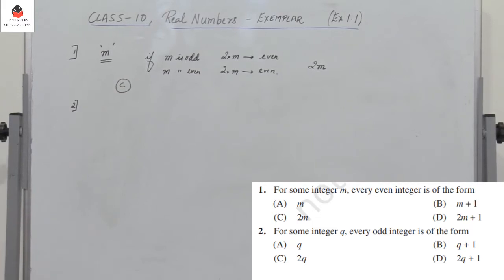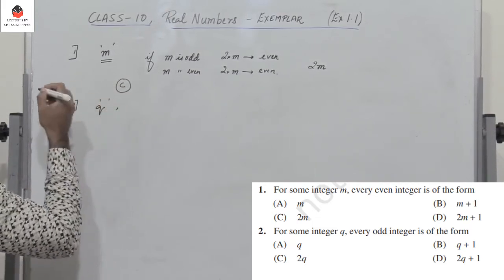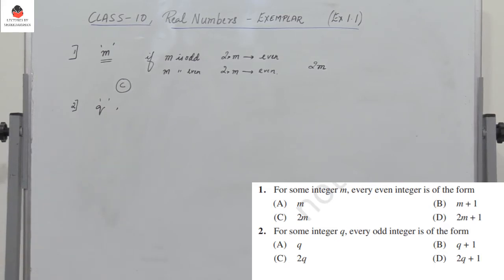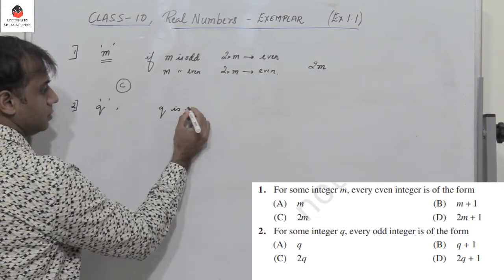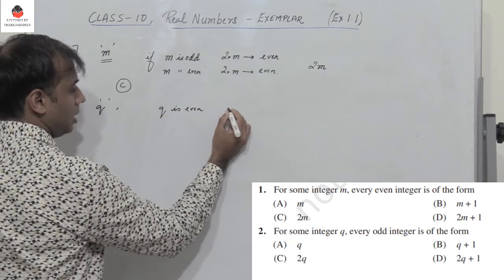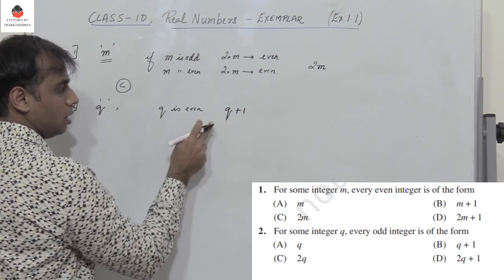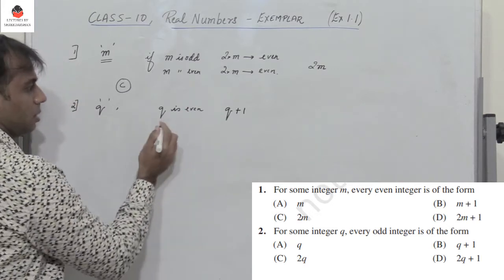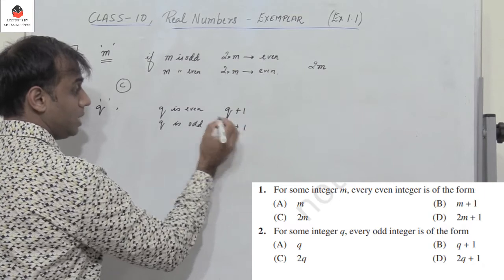Second one, for every integer q, every odd integer is of the form. Now when will the integer be odd? Now if q is even, then if I add q plus 1, I would get an odd number. But if q is odd, q plus 1 will be even.